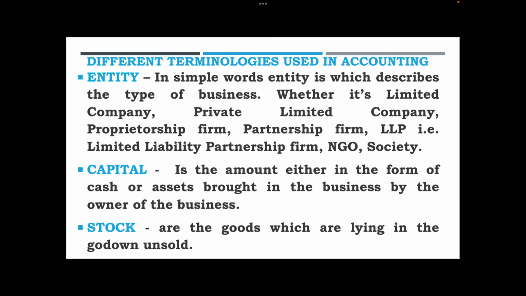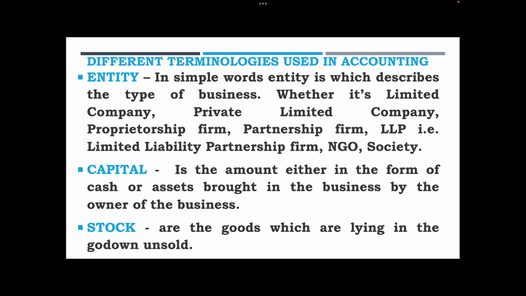Now we'll learn the different terminologies used in accounting. Now business या entity जिसको बोलते हैं, so it should define what type of business you have. So it's the description of your type of the business. Now अगर single owner of the business है तो उसको proprietorship firm बोलते हैं. If you are partners in the same, then it is called a partnership firm.